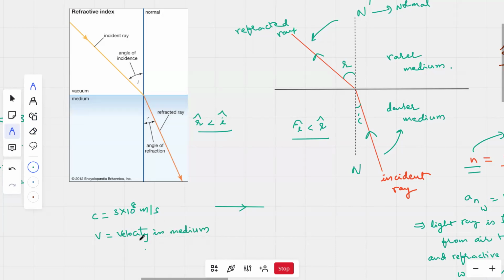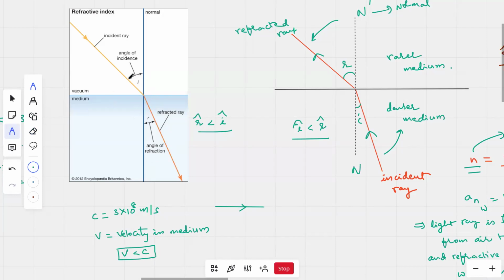Velocity in the medium is always less than velocity in vacuum, depending on the optical density of the medium. So if the velocity is less, it deviates towards the normal. If the velocity is more, it bends away from the normal.